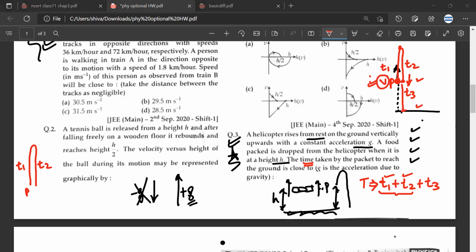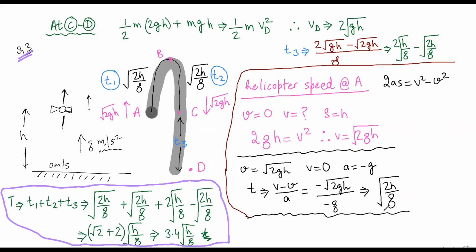Okay. Now, this may seem a bit complicated, but once you focus on the concepts, then things will become very clear. So this is my helicopter at point P. This was at height h above. So at this point, it has released the packet. Is it making sense?